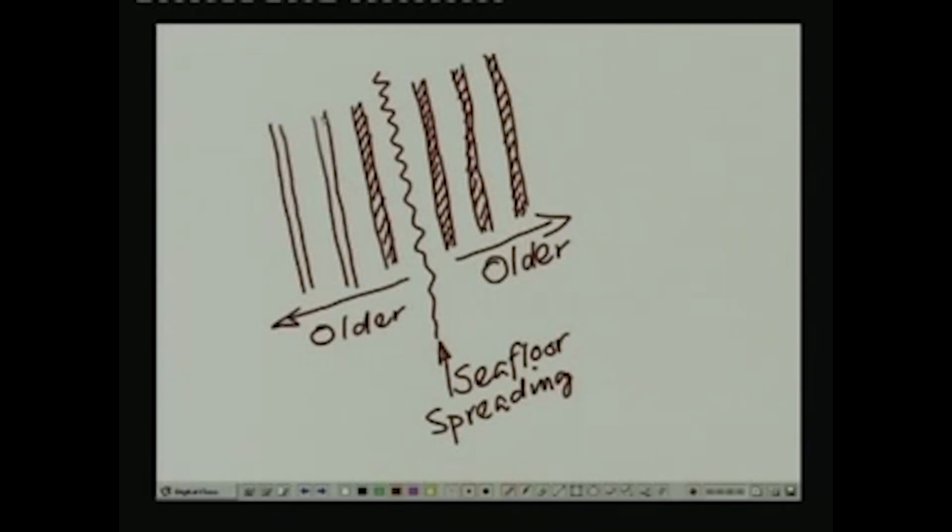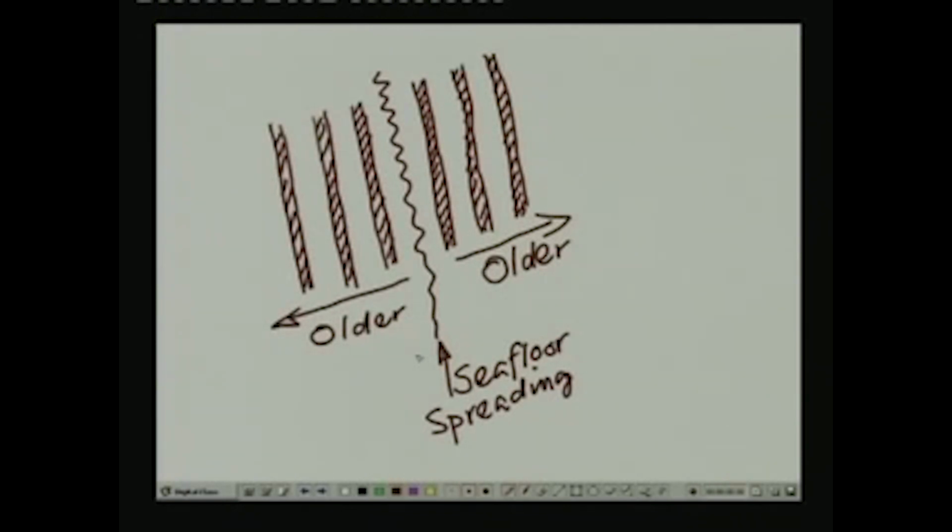For instance, in the shaded area that I am drawing now, the polarity of the magnetic minerals is in a certain direction, whereas the polarity changes in between those stripes. Then the question they started asking is why this kind of reversing in polarity is taking place.